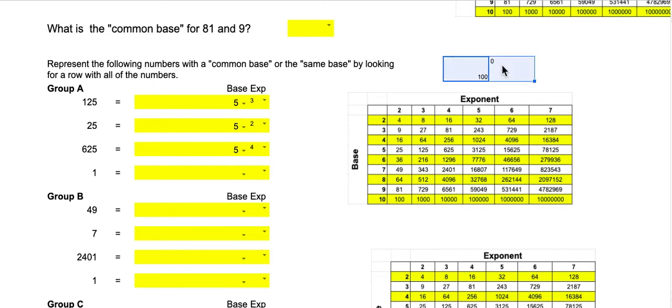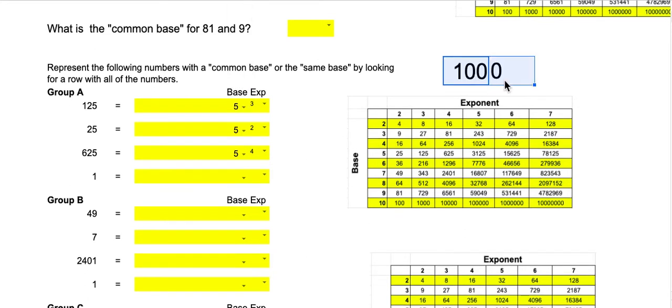So let's make these bigger. So 100 to the exponent of 0, what does that equal? Well, if you do it with your calculator, you're going to get 1. So that equals 1.